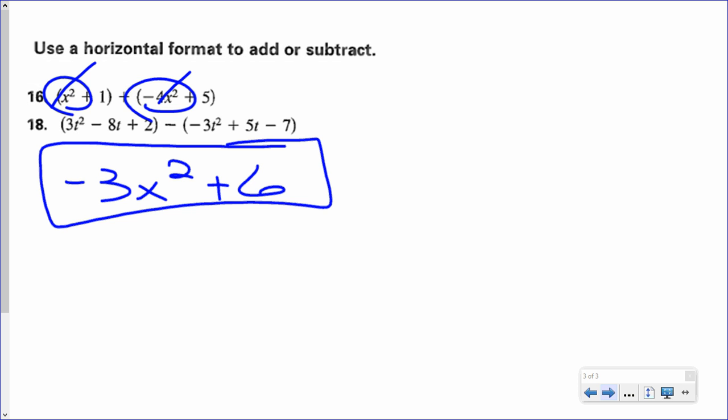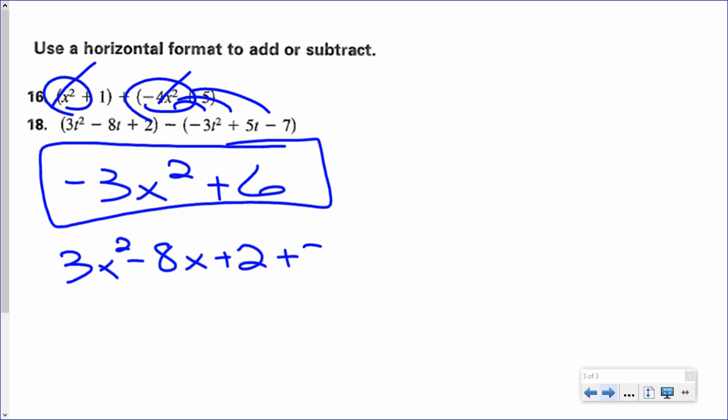For the next problem, the front stays the same. I don't like t. Switch that to x. And everything inside switches because you distribute it out. So it'd be a positive 3x squared, a minus 5x, and a plus 7.